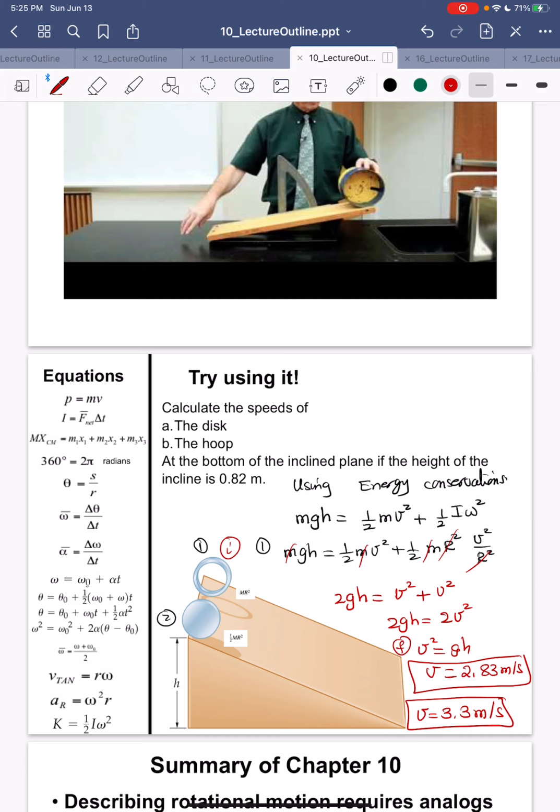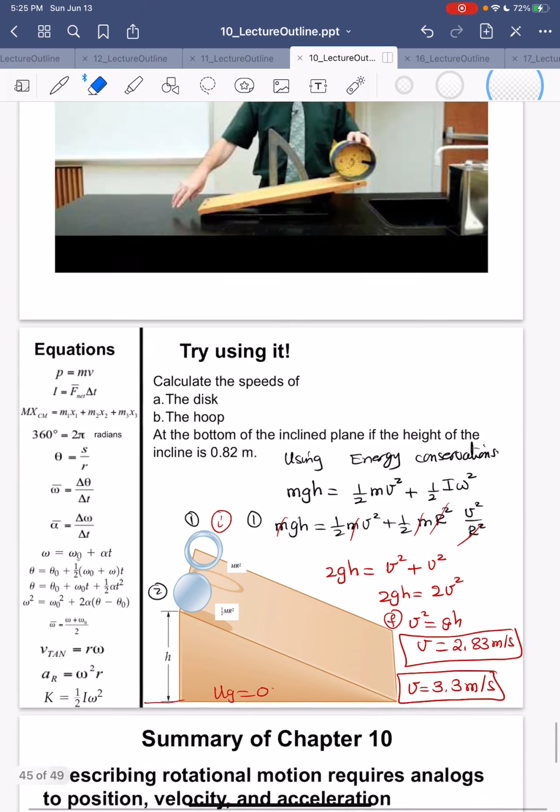Then initially it has only gravitational potential energy. When it reaches my final position, UG equals 0, and it has only kinetic rotational and kinetic linear, 1/2 mv squared plus 1/2 I omega squared.